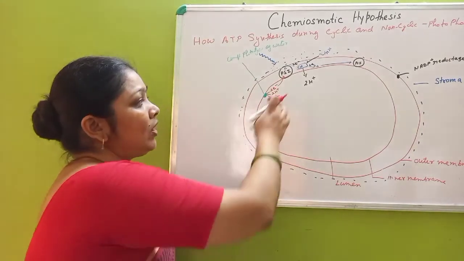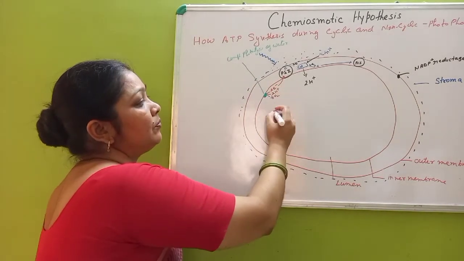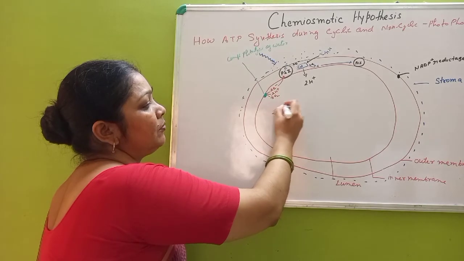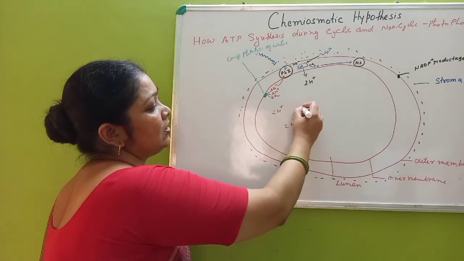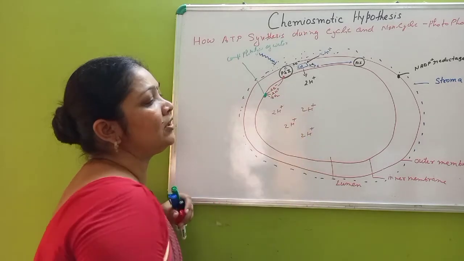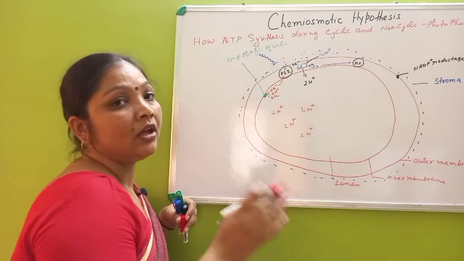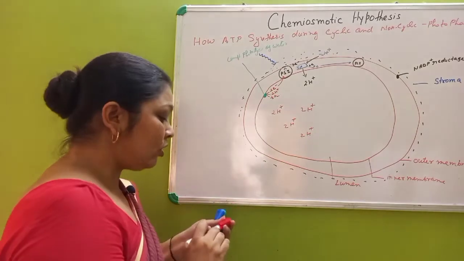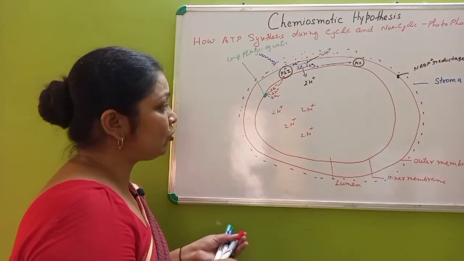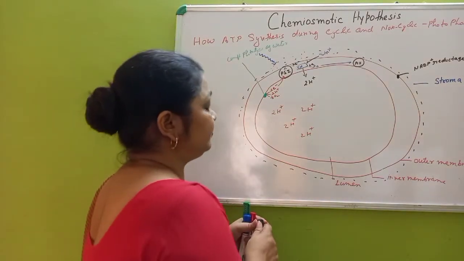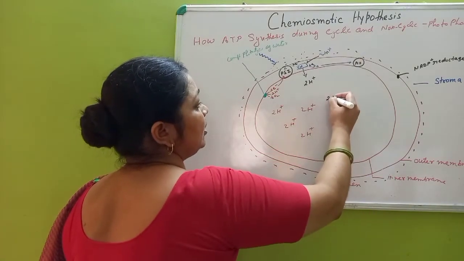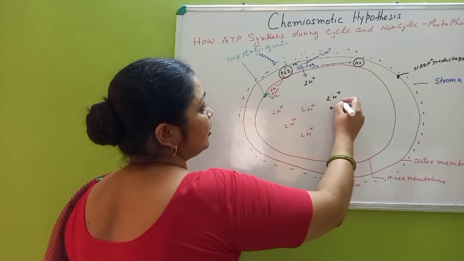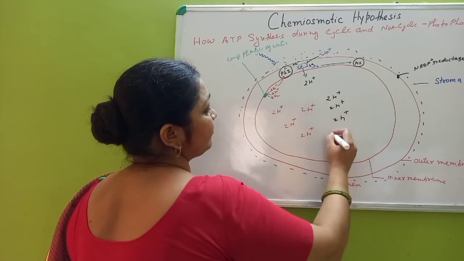Now what is left? That is the proton. Okay, so the process will go on, and the proton will be released by the splitting of water, and also due to the transport of electron, the proton will enter from stroma towards the lumen. So what happened?